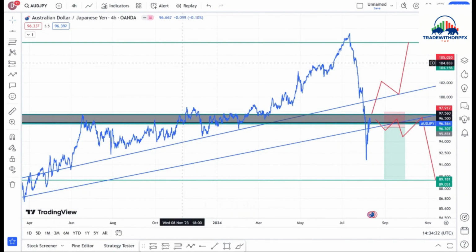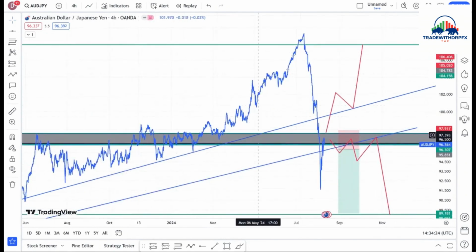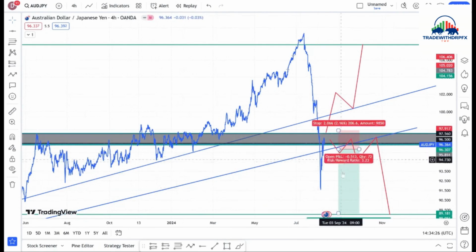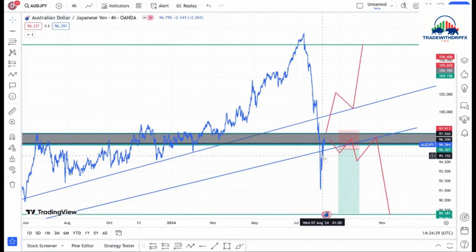So when we go to the 4 hour time frame, we can see this is a very pure trade. Don't worry about all these lines. The market is still consolidating in that strong line.